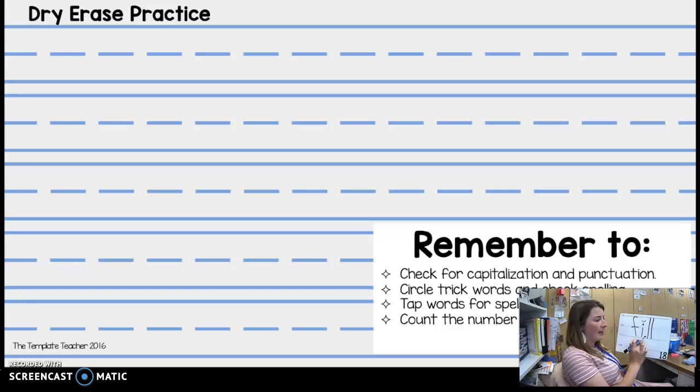So I have fill. All right, I'm going to mark my bonus letter. I'm going to put a star above the L. This word was fill. All right, here's our next one. The next word we're going to do is huff. Are you ready? Let's tap it out.